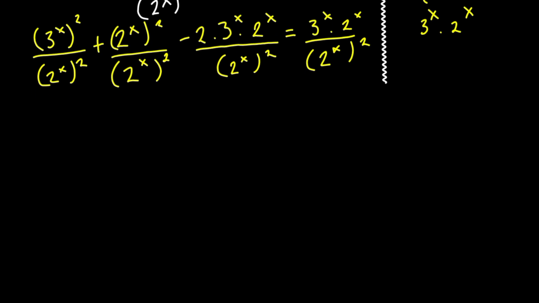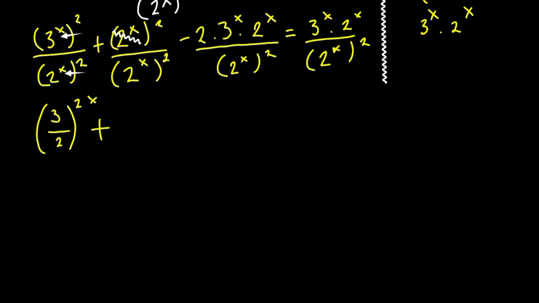When we simplify this, according to the law of indices, these two have the exact same power, so we can combine them and make them share a common power. So we can say (3/2)^(2x), then plus.